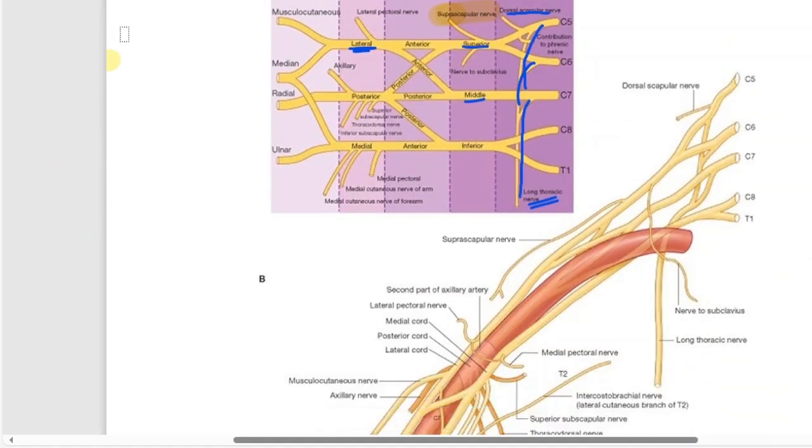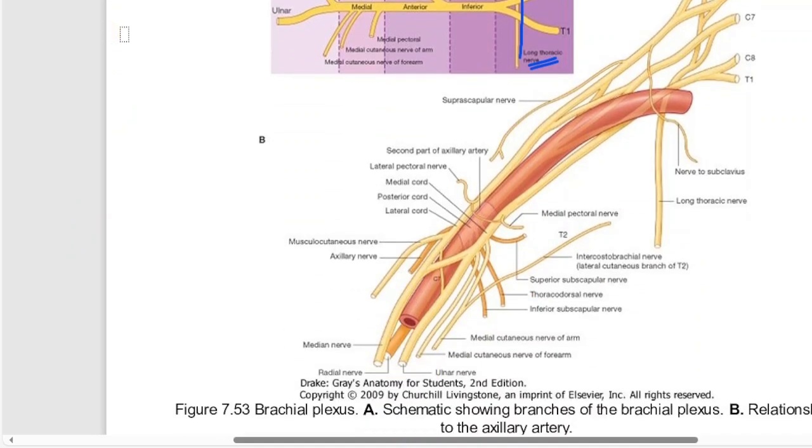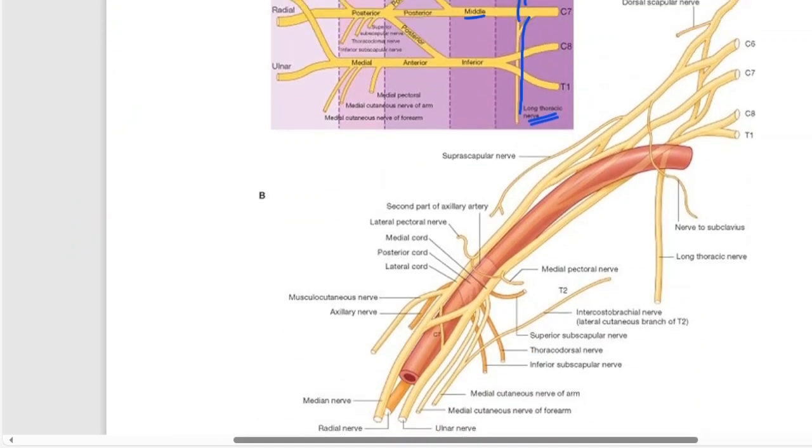So this is actually the roots C5, C6, C7, C8, T1. This is actually present in the axilla. They come here, and there is the dorsal scapular nerve, and this is the long thoracic nerve.